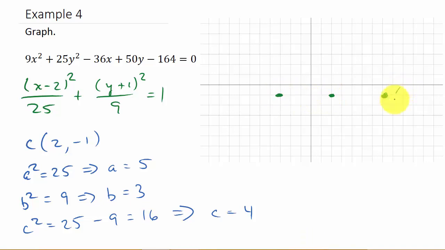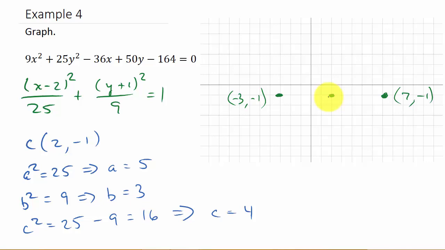And we can label the points. That would be the point (7, -1), and this would be the point (-3, -1). Okay. Now for the b term, that's 3, and since b is under y, that tells me how I move up and down.